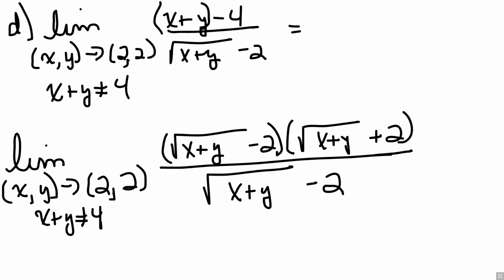Once we get it here, we can get rid of the square root of x plus y minus 2. Now when we do the limit, we're going to end up with an answer of what? Four. Yes, we end up with a limit of 4. Any questions?